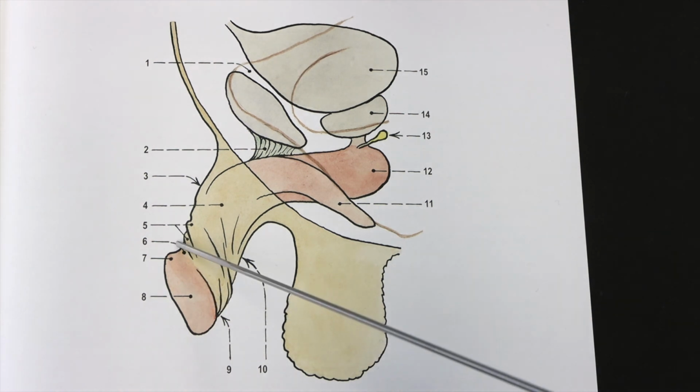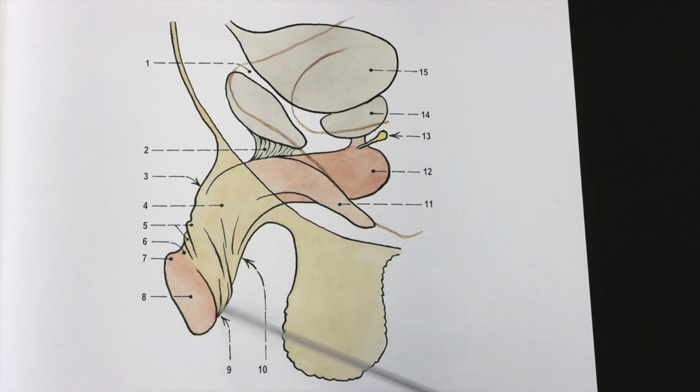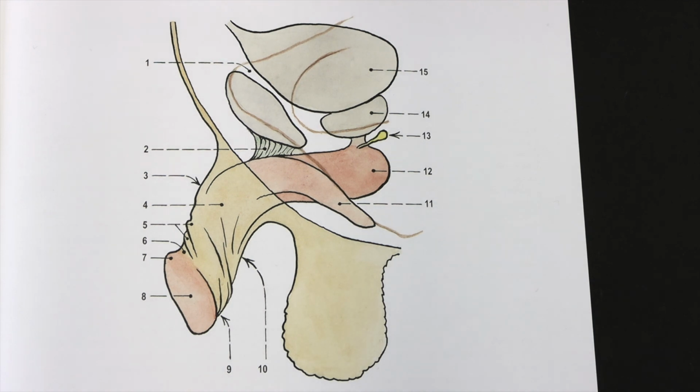So at the region of the corona of the glans penis, the skin becomes duplicated, which is called the preputium, or the foreskin in English terminology.